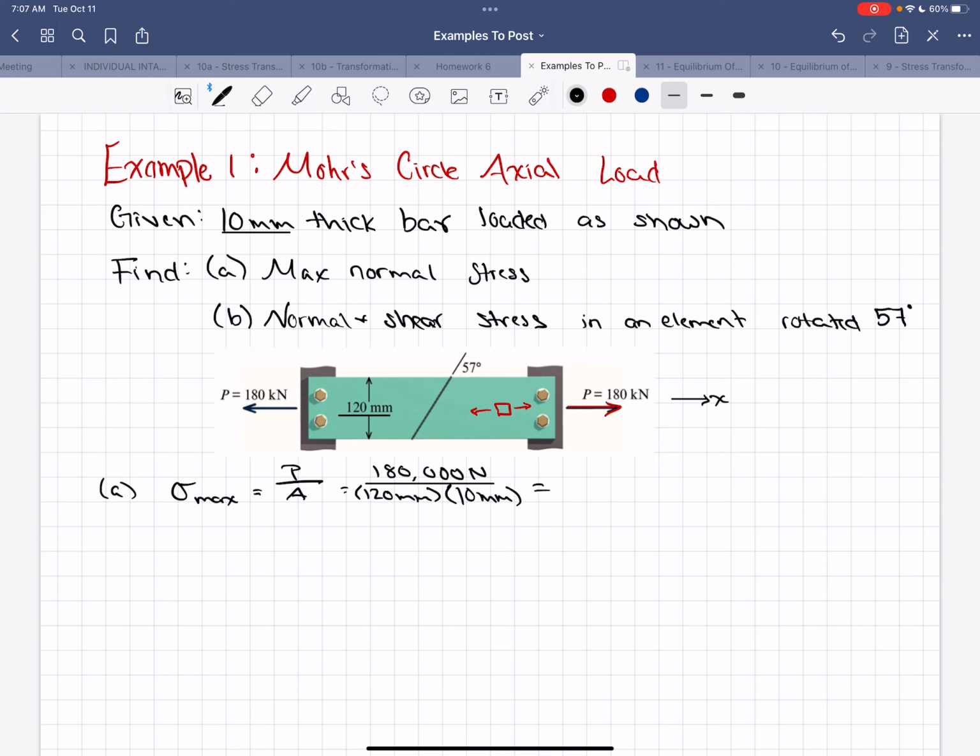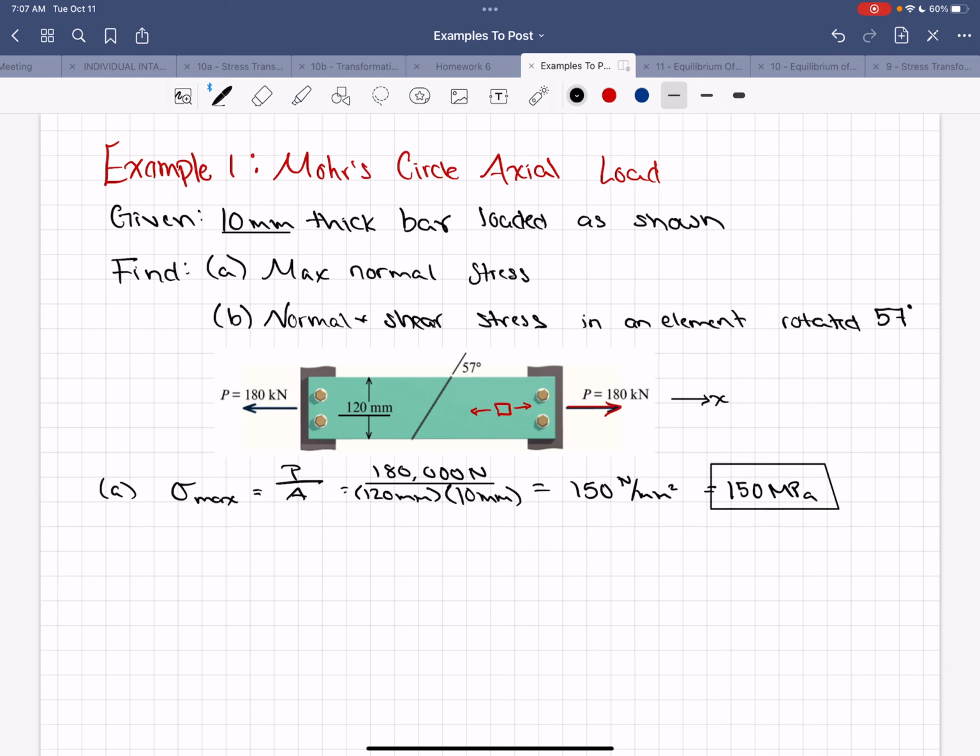And we get that the maximum normal stress is 150 newtons per millimeter squared, and newtons per millimeter squared equal megapascals.